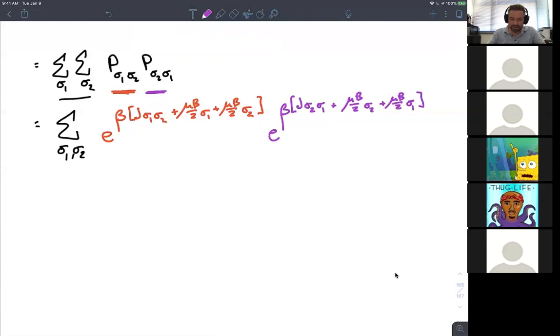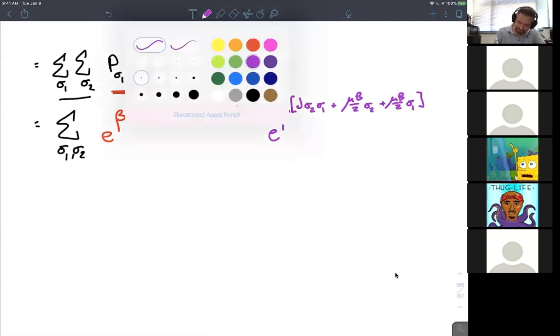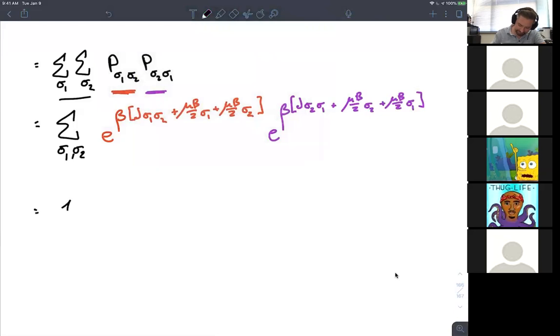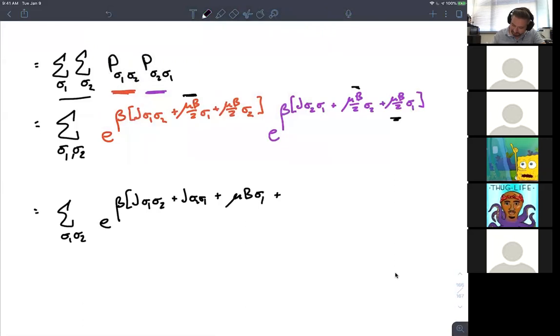Okay, and maybe you recognize that if you multiply all this out, what you're going to get is the following. Plus j sigma 1, and then these two terms are going to combine to just give you a factor of mu b sigma 1, and then these are going to give you plus mu b sigma 2.